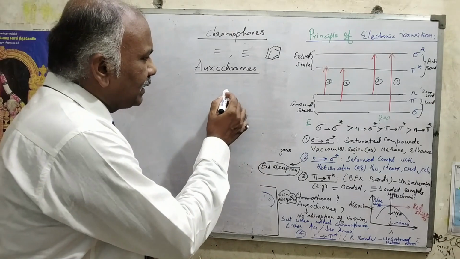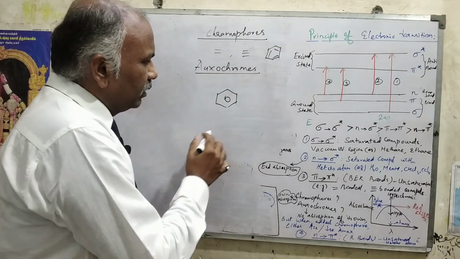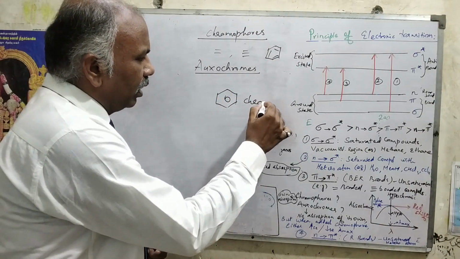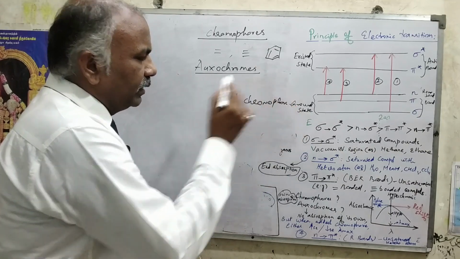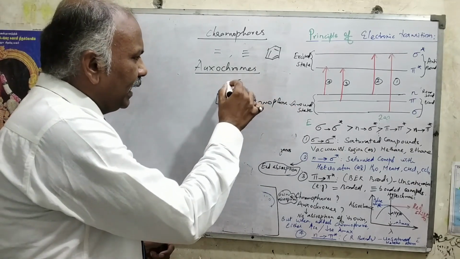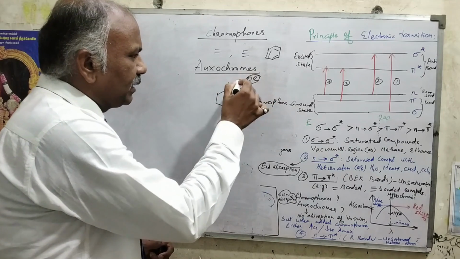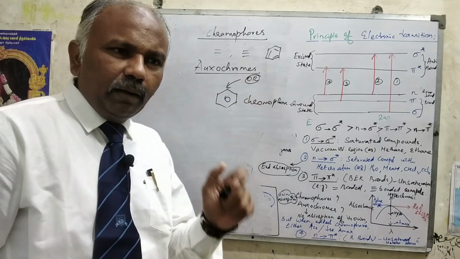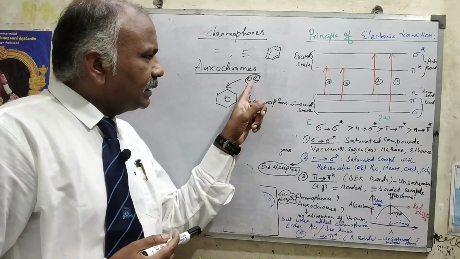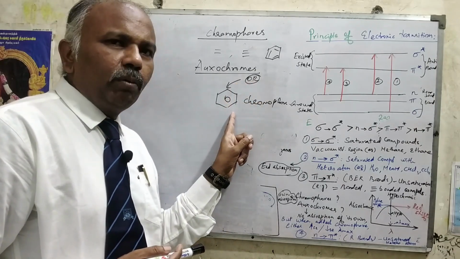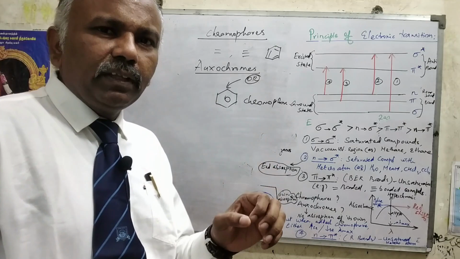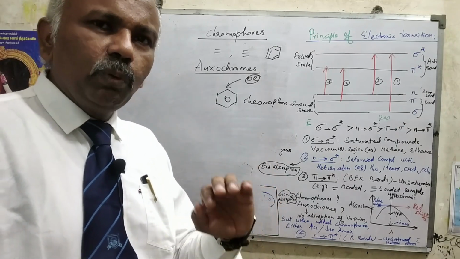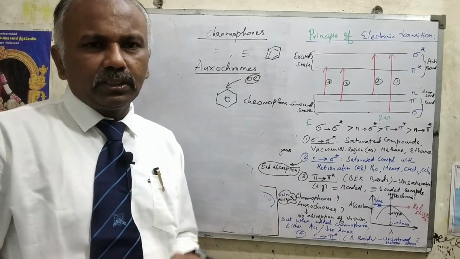But when we attach an auxochrome to a chromophore, suppose I attach the group over here, the auxochrome will shift the wavelength, or the lambda max, either towards the shorter wavelength region or towards the longer wavelength region.